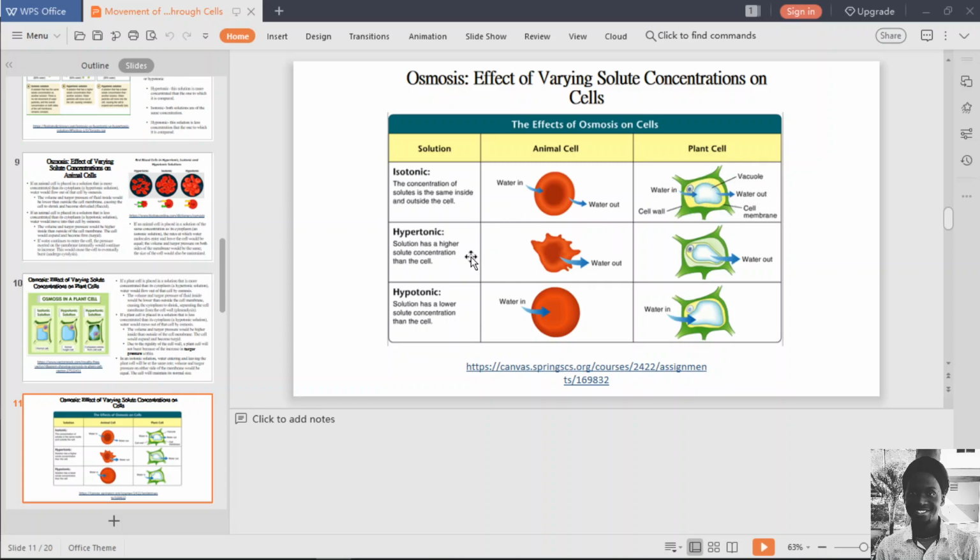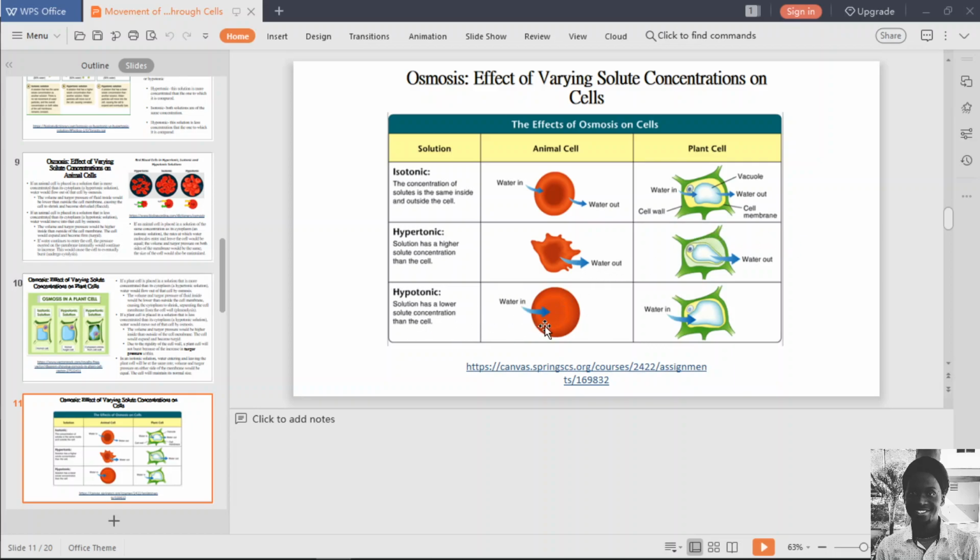In a hypertonic solution, however, more water would be leaving the cells than entering. As a result, you would have a net loss of water from the cell, and the cell would lose pressure and volume on the inside, causing the animal cell to become shriveled and wrinkled, okay, or flaccid, and the plant cell to become plasmolyzed as the cell membrane separates from the cell wall.